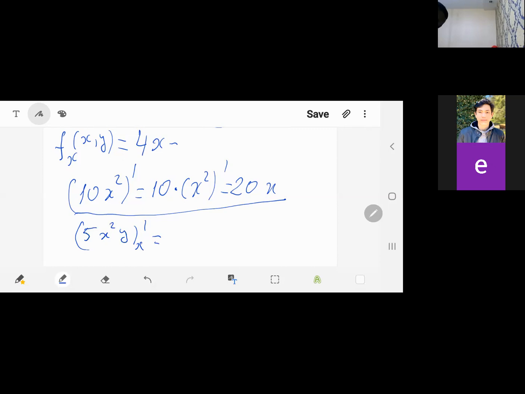That's why we can move 5 times y out of derivative, and we have x squared derivative. This derivative we know it's 2 times x. So our final answer is 10 times xy.